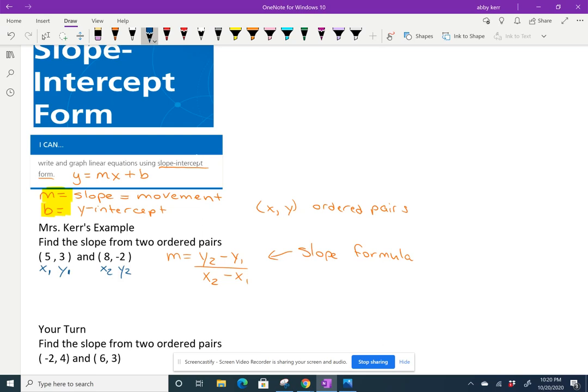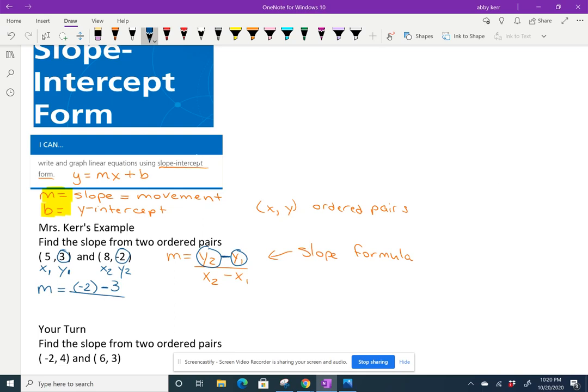And from here, we're just going to plug in. Now notice our formula says y2 first, so I'm going to pick my y2. Now I like to put in parentheses whenever I deal with a negative. It's just my preference. The minus sign comes from the formula. Then I have my y1, which we labeled 3, so I'm going to plug that in.